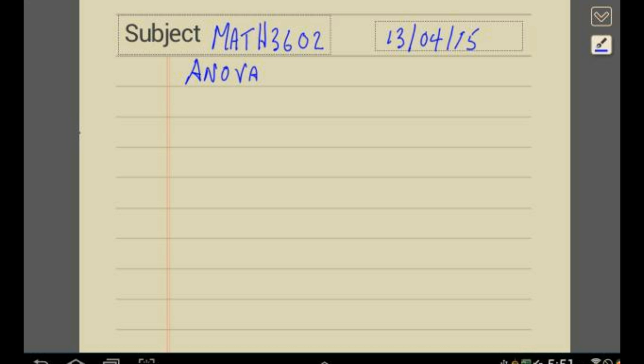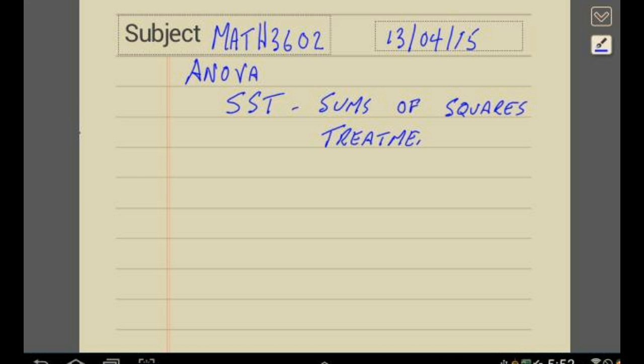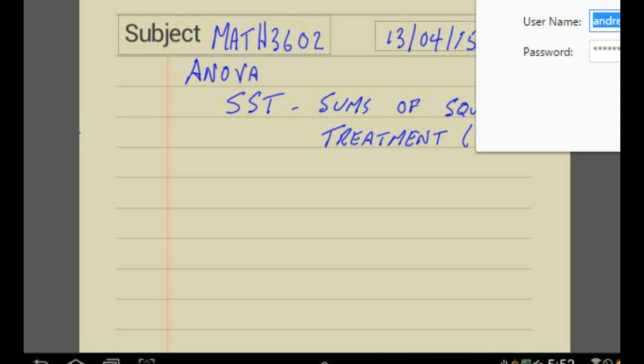We're going to start by taking a look at the sums of squares treatment, SST, called the sums of squares treatment or total treatment, or sometimes it's just total.